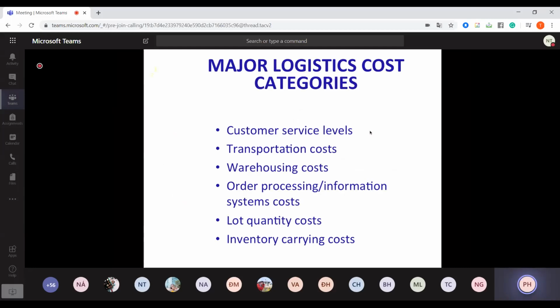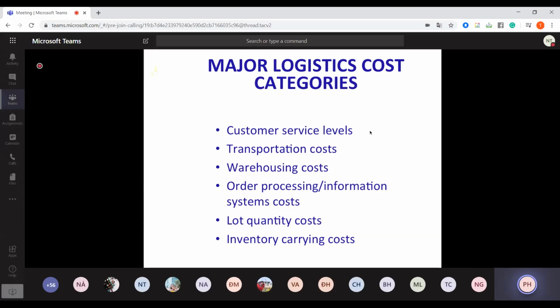And the other thing is transportation cost, of course. As I mentioned, transportation is one of the most important activities in the whole logistics system. And basically, transportation costs account for about one third of the total logistic cost. Because between any chains in the logistics or in the supply chains, we need transportation activities.